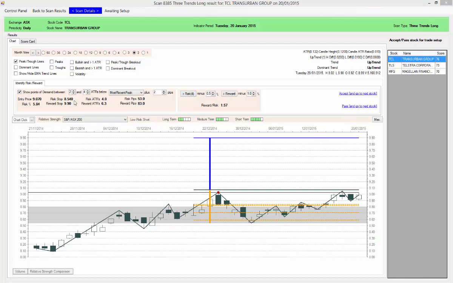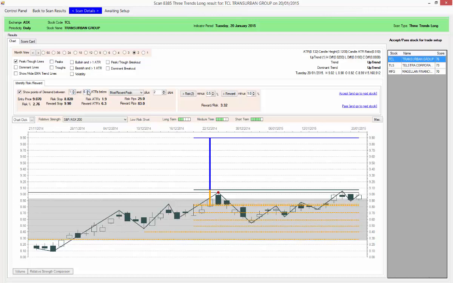Now the indicator itself does have some flexibility. By default you're shown 2 and 4 ATRs, this zone here, but you can in fact reduce that to just say 1 ATR below the entry price, and you can increase the lower boundary up to 6.